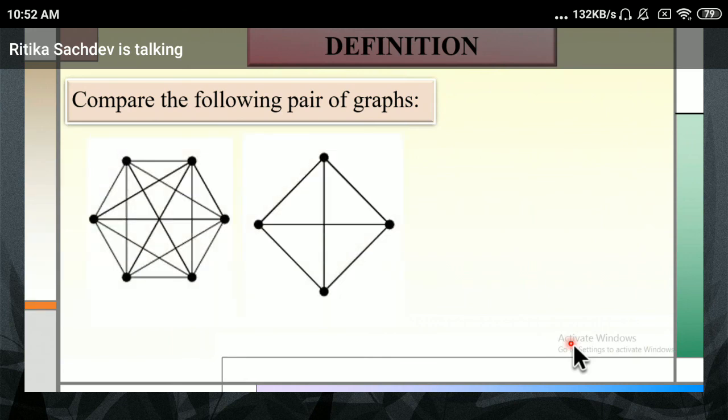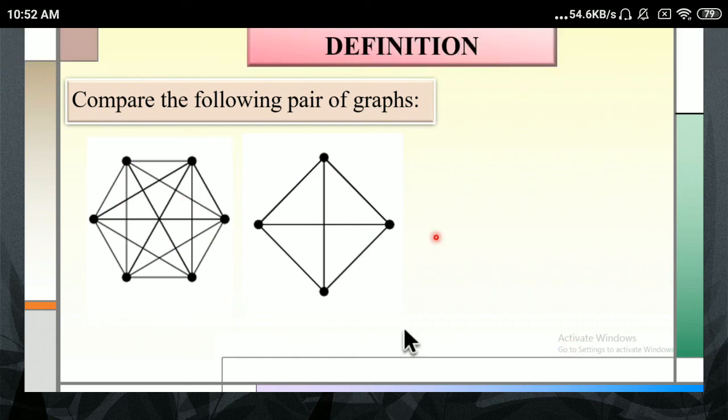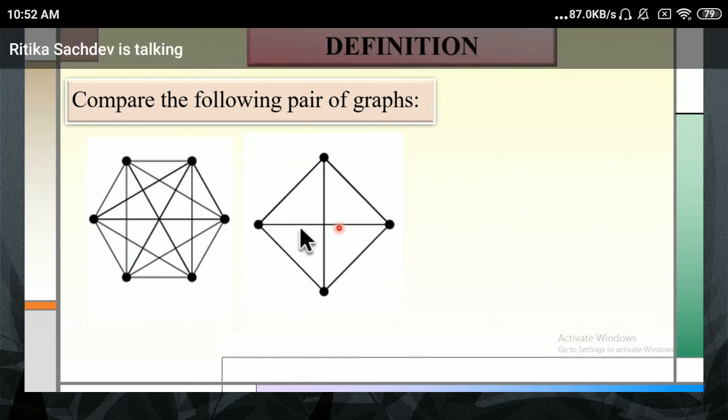Now we want to compare these graphs. If I have to compare these graphs, we'll have to check whether this graph is a part of this particular graph on the left hand side.